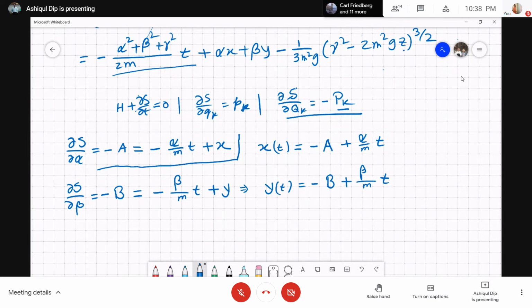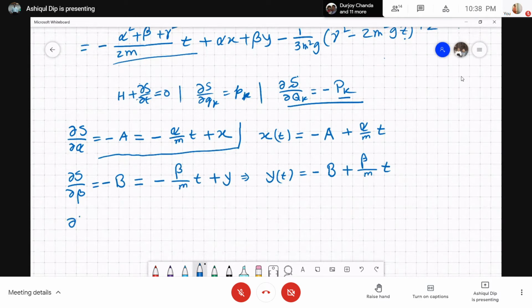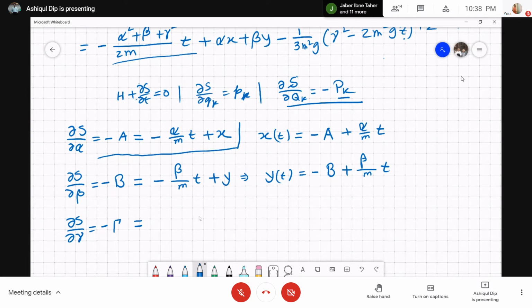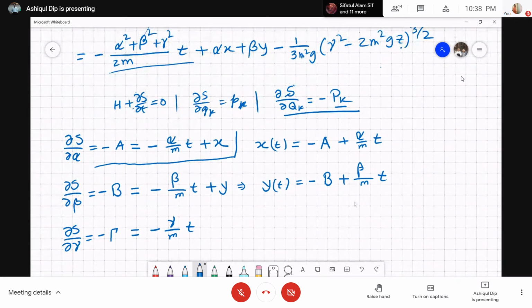Also, you have your final piece, that is delta S by delta gamma. Let's say it gives you big gamma. That's a little bit tricky, I believe. The first term will be similar, again negative gamma by mt. Then it gives you something complicated, so you have to take the derivative here.